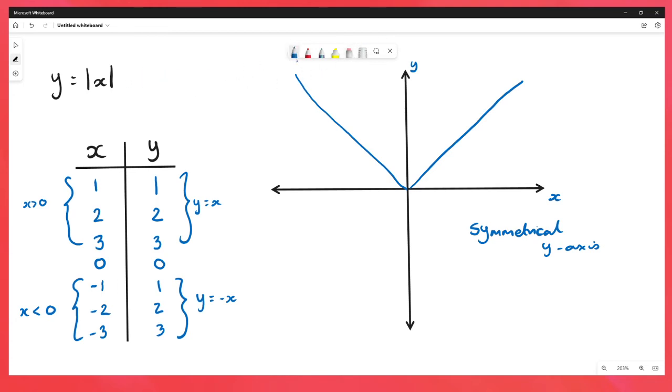So let's think about what happens with a different graph. Graph of y equals the modulus of x minus 1. Well, we're going to take these numbers and subtract 1 from it, which if we think about transformations, all that does is it takes this graph and moves it down 1.